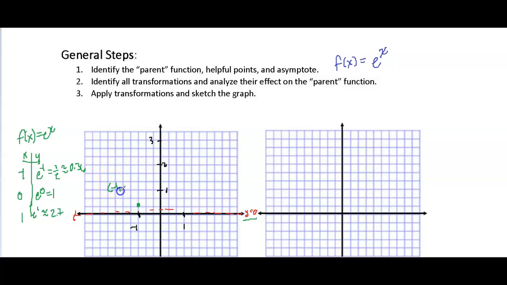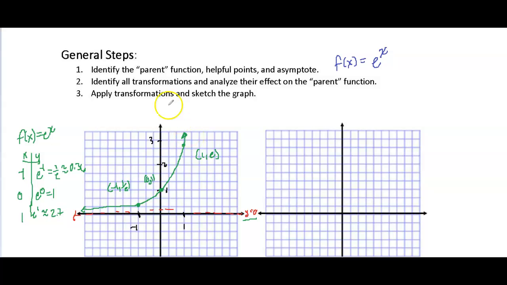There is -1, 1 over e. And next we have 0, 1, and then 1, e, which is about 2.7, so really close to 3 there. And now this green curve is the sketch of our parent function.